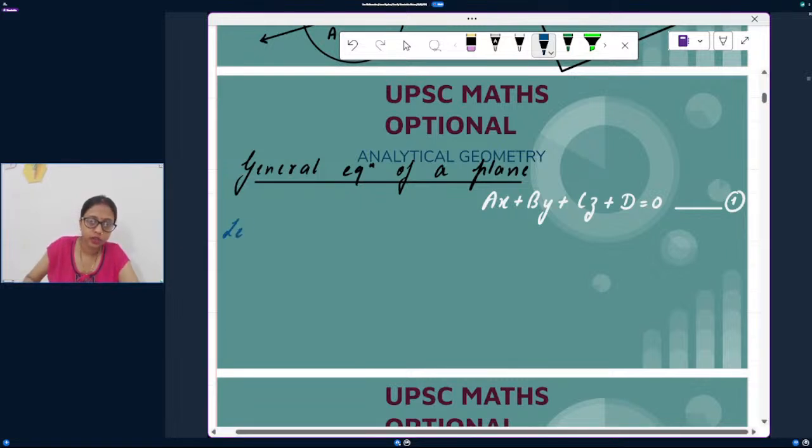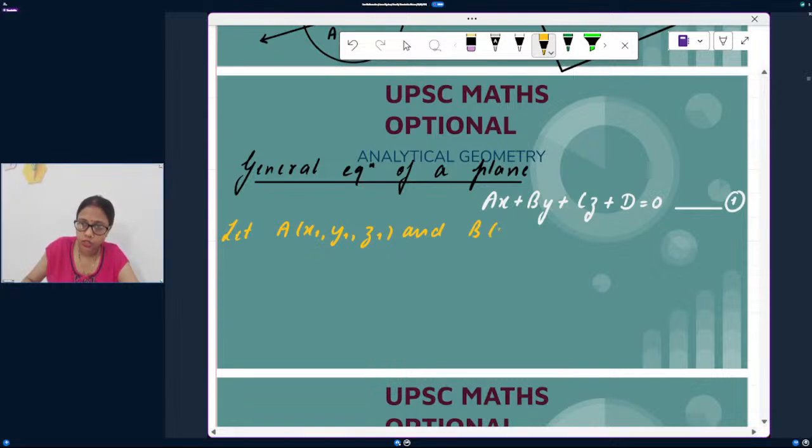Let P (x1, y1, z1) and Q (x2, y2, z2), since A and B are already used, lie on the surface given by equation 1.